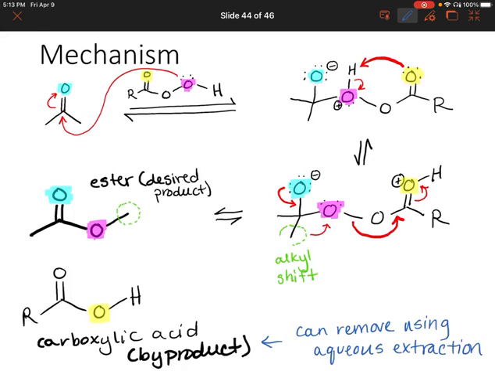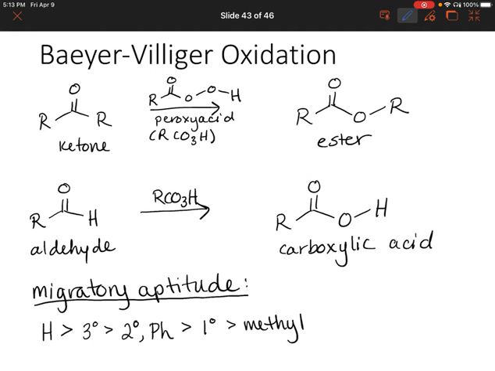Looking at our migratory aptitude, we said that the oxygen would add next to a hydrogen first, so that would have priority. We didn't have a hydrogen available, but the next highest priority is a tertiary carbon, followed by a secondary carbon, then primary. And it looks like methyl has the lowest priority.